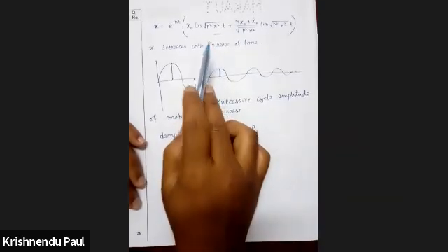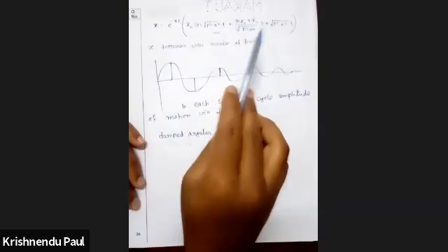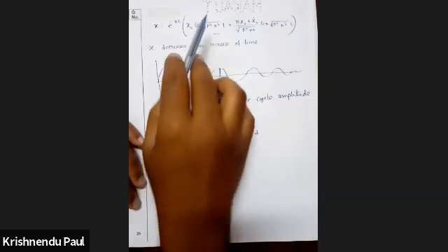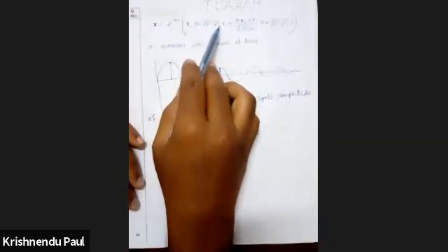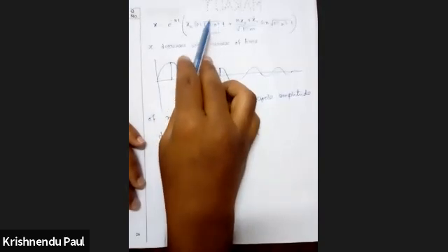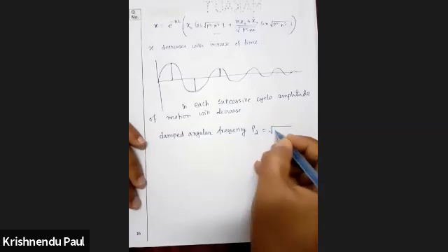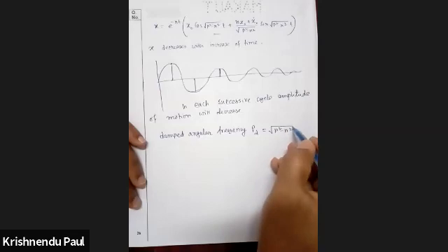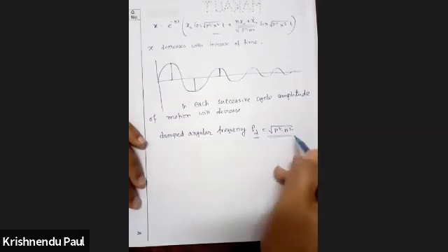You know that in our first equation it was cos pt and sin pt. Here, in place of p there is the term root under p square minus n square. This is nothing but the angular frequency, so the damped angular frequency pd is equal to this.